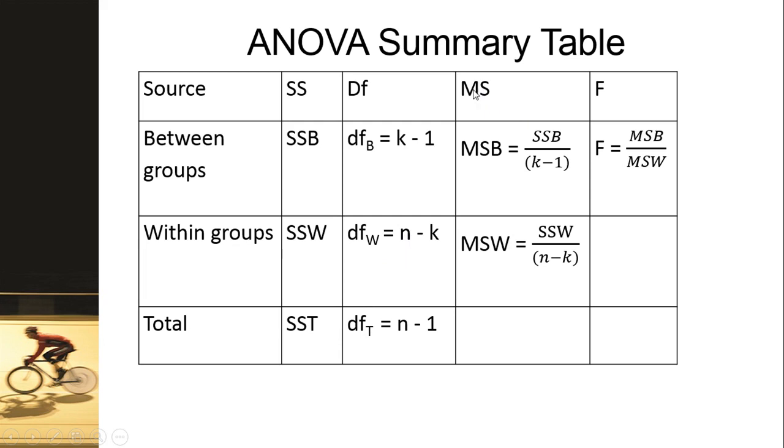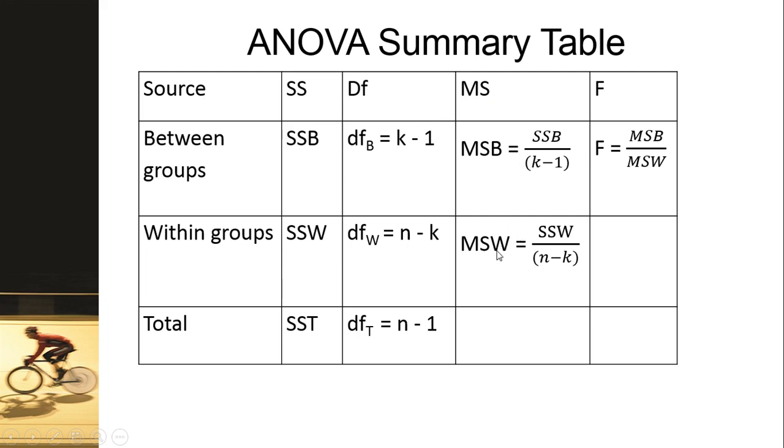MS is mean square. Mean square in the ANOVA summary table is actually the same as variance. Mean square is calculated as sum of square divided by degree of freedom. So as you can see here, sum of square divided by degree of freedom, k minus 1. That's how you calculate mean square, and this is the same for between groups and also for within groups.